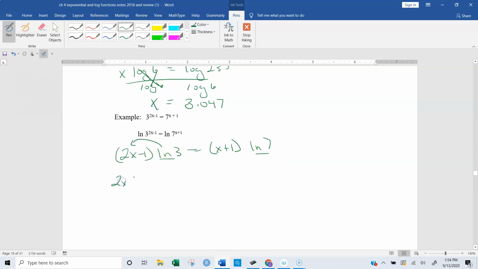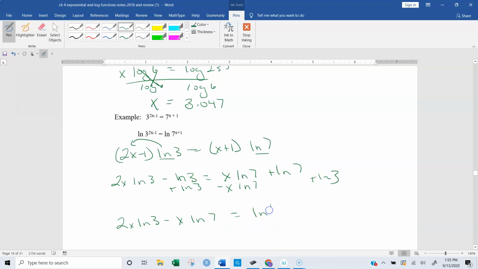So we got 2x natural log of 3 minus the natural log of 3 equals x natural log of 7 plus the natural log of 7. I need to get the x's on the same side. So I need to subtract this x to the other side. So I got 2x natural log of 3 minus x natural log of 7, and I'm going to add the natural log of 3 to my other side.